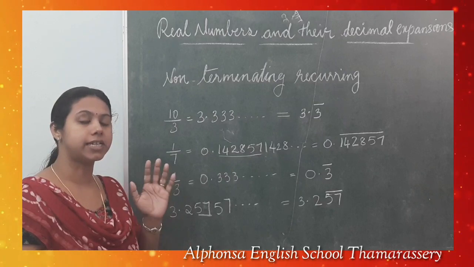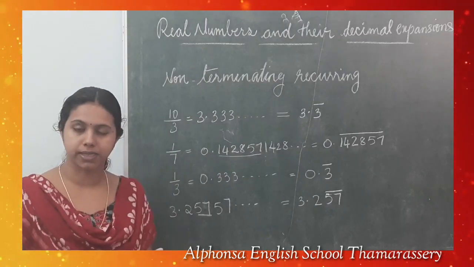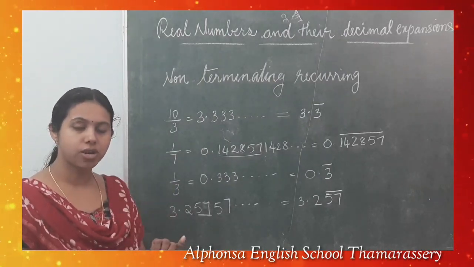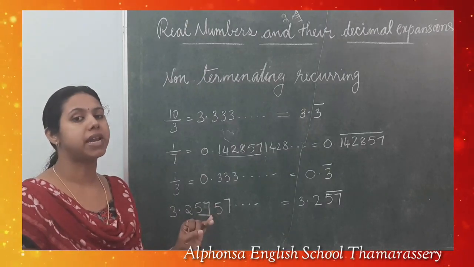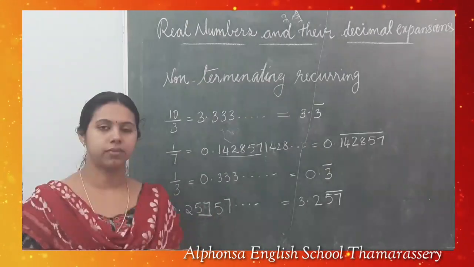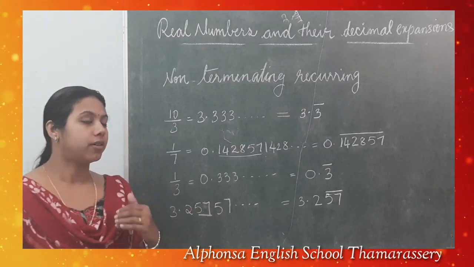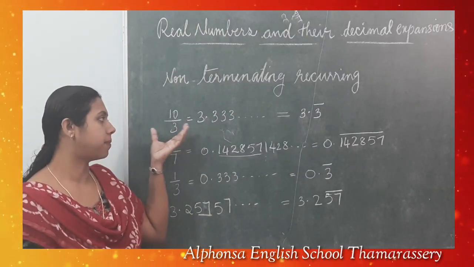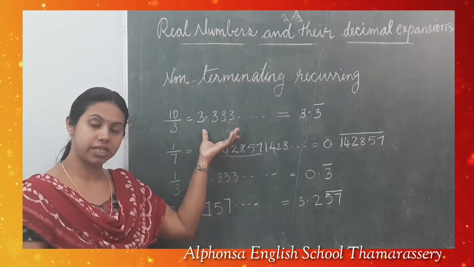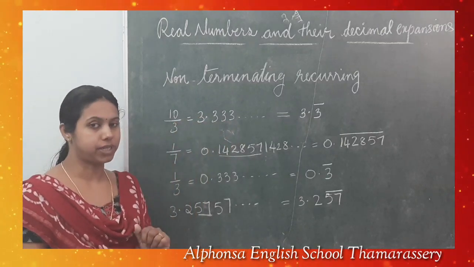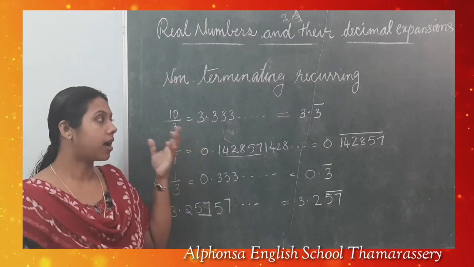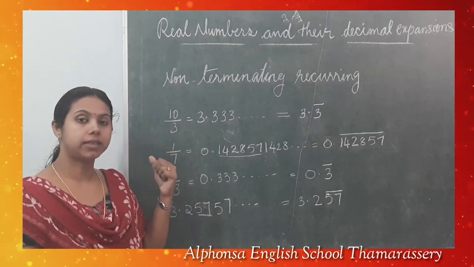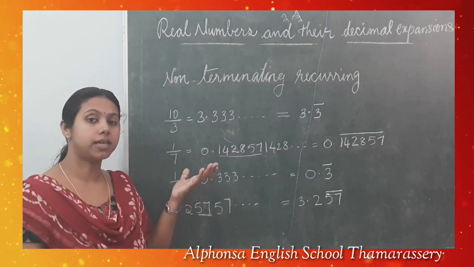That means the decimal expansion of rational numbers is terminating or non-terminating recurring. Here we saw that the decimal expansion of a rational number is non-terminating recurring or repeating, or otherwise we see that the decimal expansion is terminating.